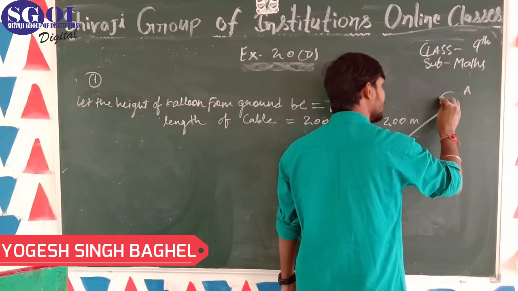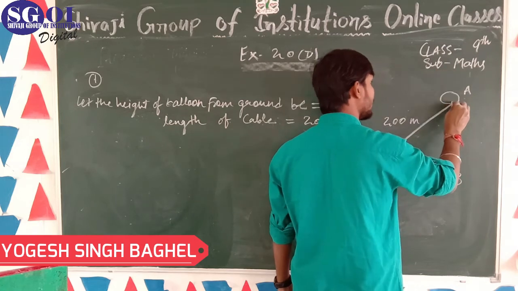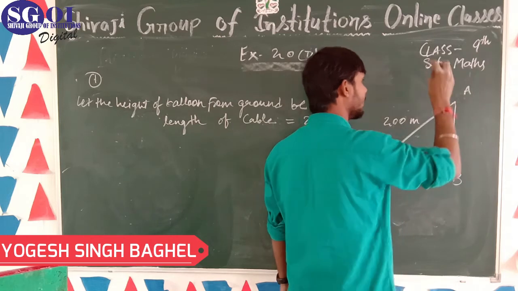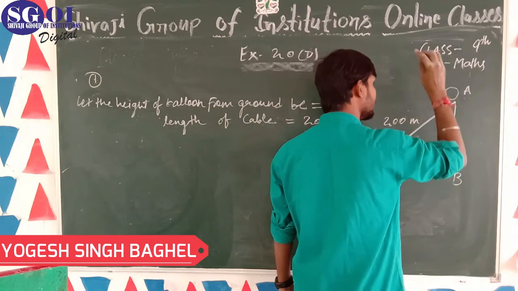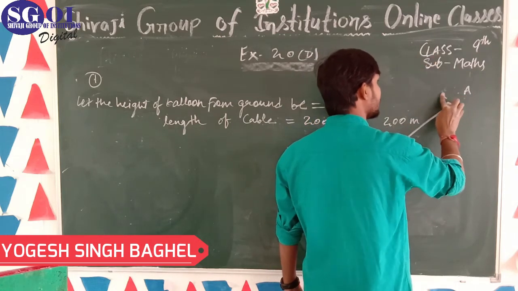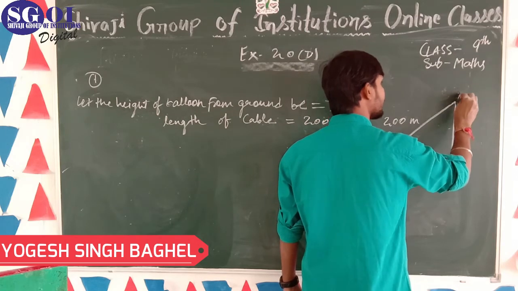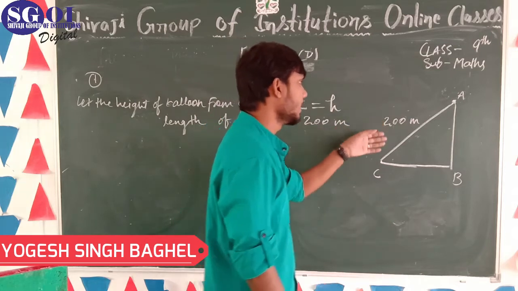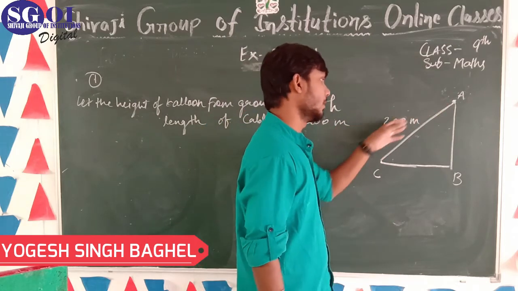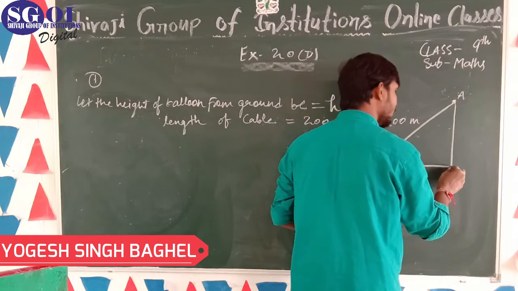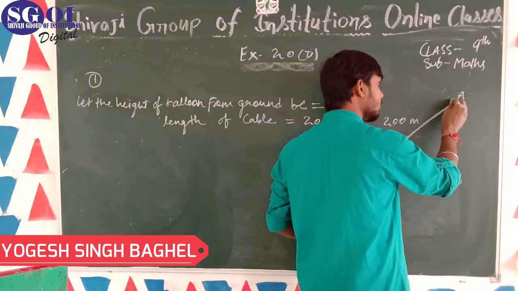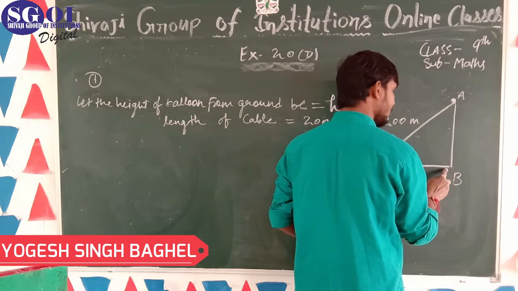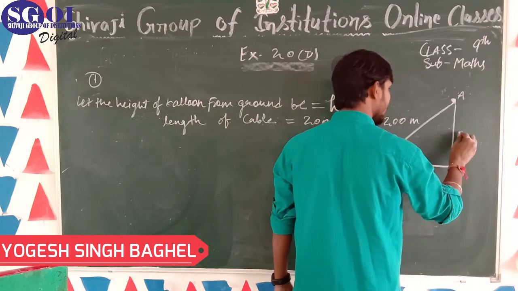At point A is the balloon. We have to find the height of the balloon from the ground level, that is AB.